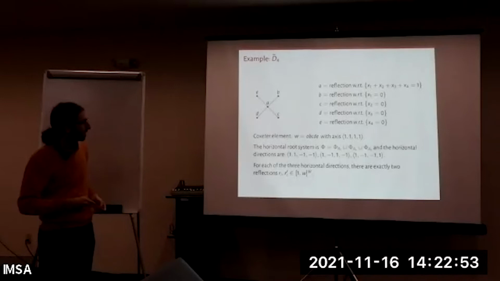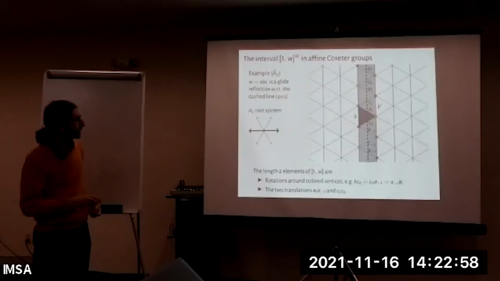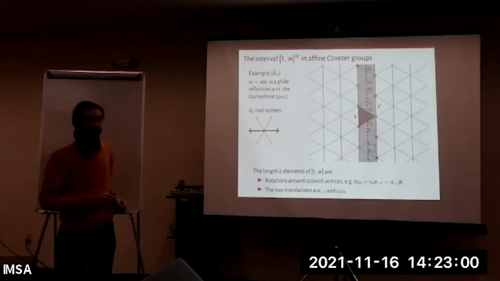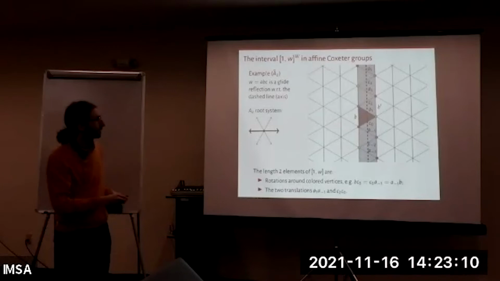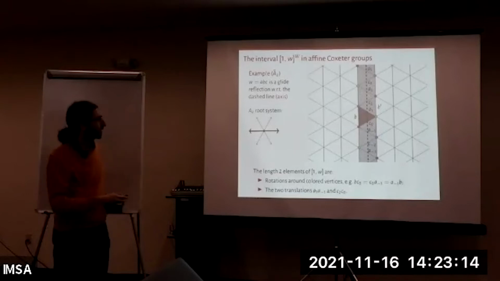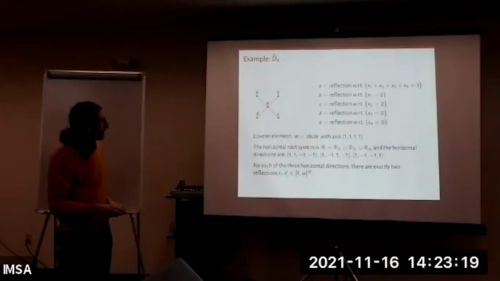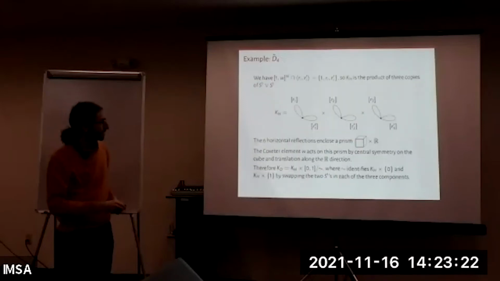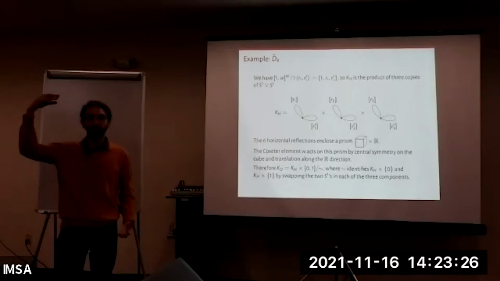So if I go back quickly to this picture, here we have the case A2 tilde, and the interesting stuff was happening inside this strip, which was delimited by two horizontal hyperplanes. Okay, very well. And in the D4 tilde case, we have the same, but the strip now is a cube times R, which is something in dimension 4.